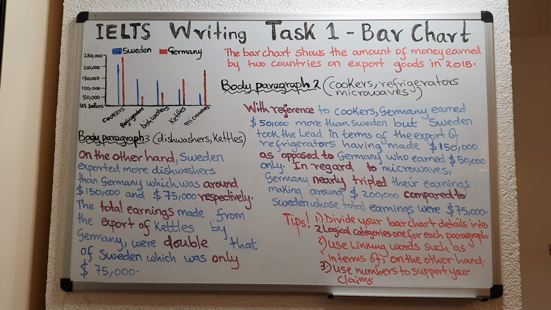In that case, the writing task is supposed to be in 4 paragraphs. You have the introductory paragraph. You also have the overview paragraph. And then you have 2 more paragraphs.